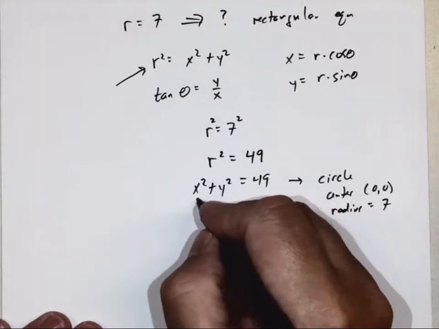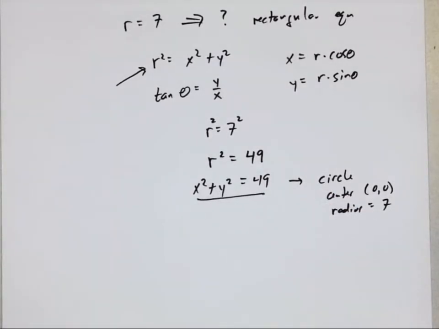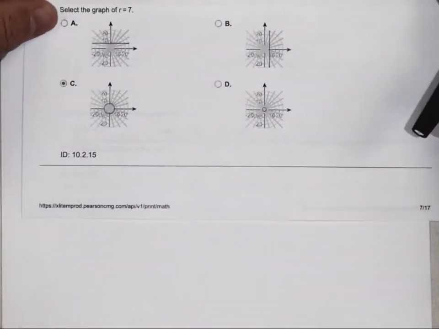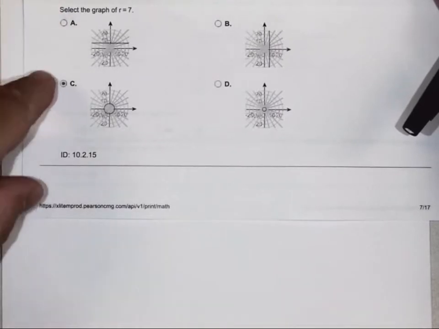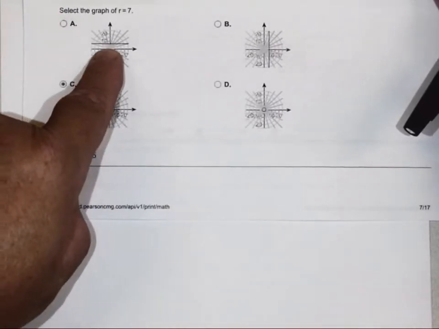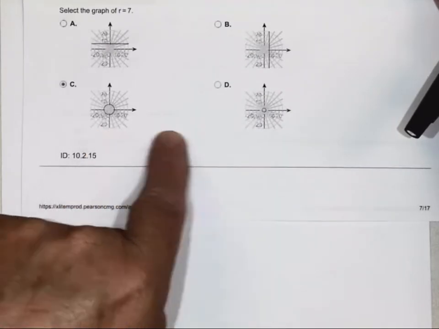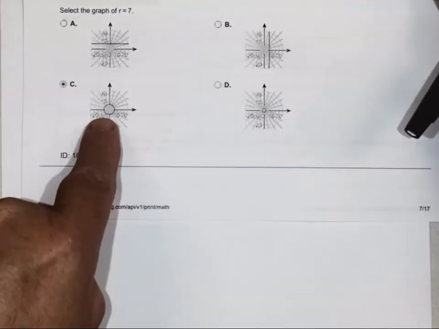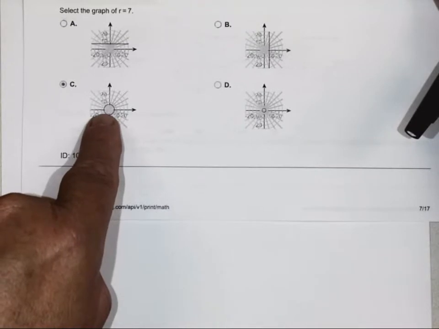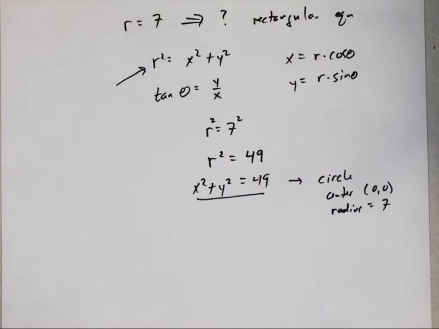So here's my equation, the first part of the question, and then they ask for the graph. This one is a straight line, this one's a vertical line. Here's a circle, center at the origin, so C and D are circles, and you just have to figure out which one has a radius of 7. That's going to be C. All right, that wasn't too bad.